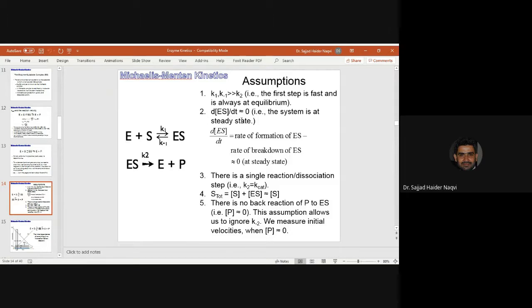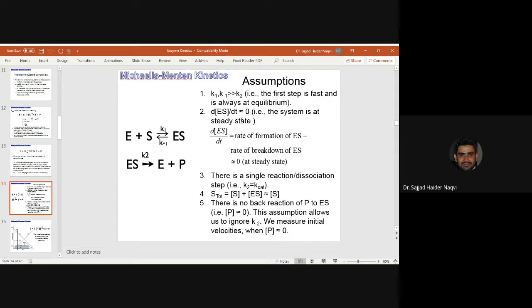That means the rate constants of enzyme substrate complex formation and enzyme substrate dissociation are greater than the rate constant of enzyme product formation. That means the first step is fast compared to the second step, or in other words, the first step is always at equilibrium. So this is our assumption number one.